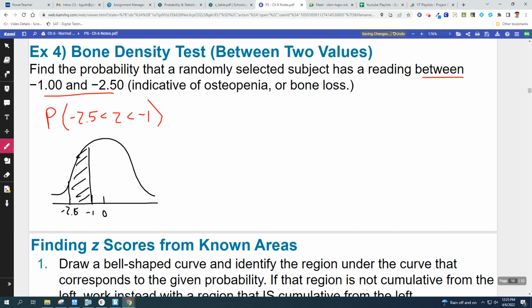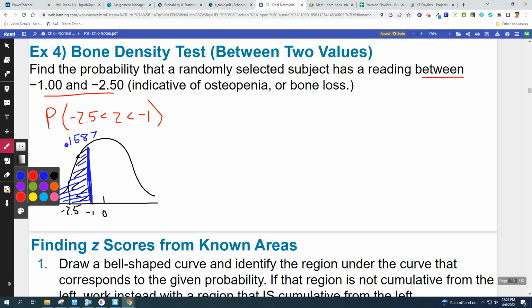So what we're going to have to do with our table is find this first number, this big number, negative 1. When we find that value in the table, we're finding the area to the left of negative 1, and we just did that a minute ago. That was 0.1587, but we don't want all of that.